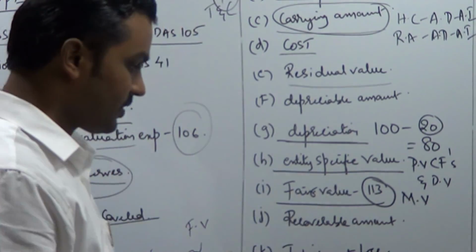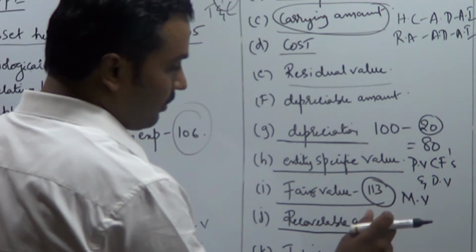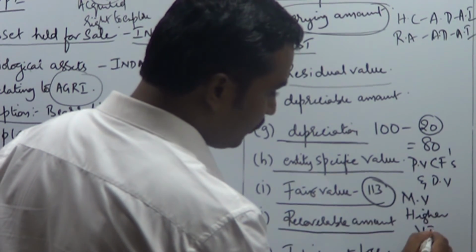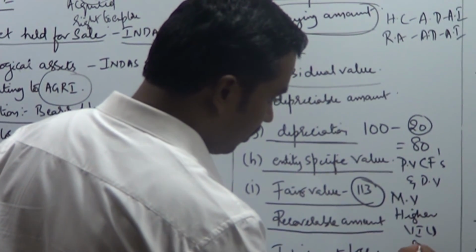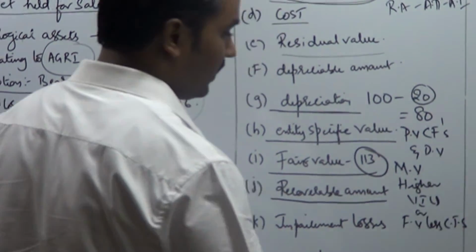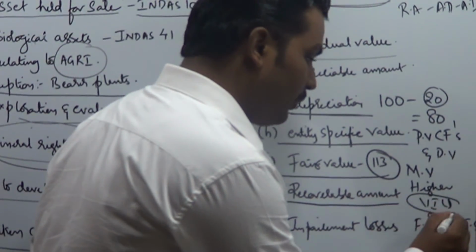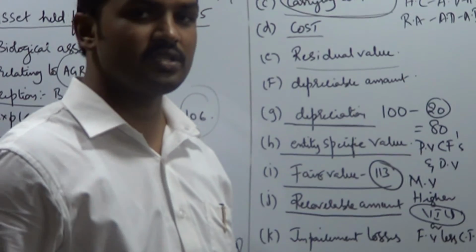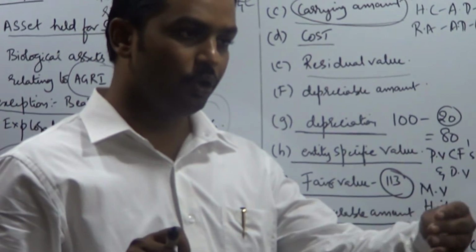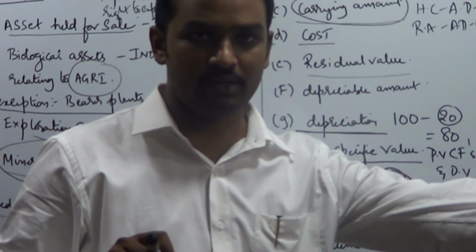Okay. Next, recoverable amount. What is recoverable amount? Recoverable amount is the higher of two numbers: one, value in use, or two, fair value less cost to sell. So a company has to estimate for a machinery what is the value in use. Value in use is nothing but the present value of cash flows which are going to be earned from using the asset and also the residual value.